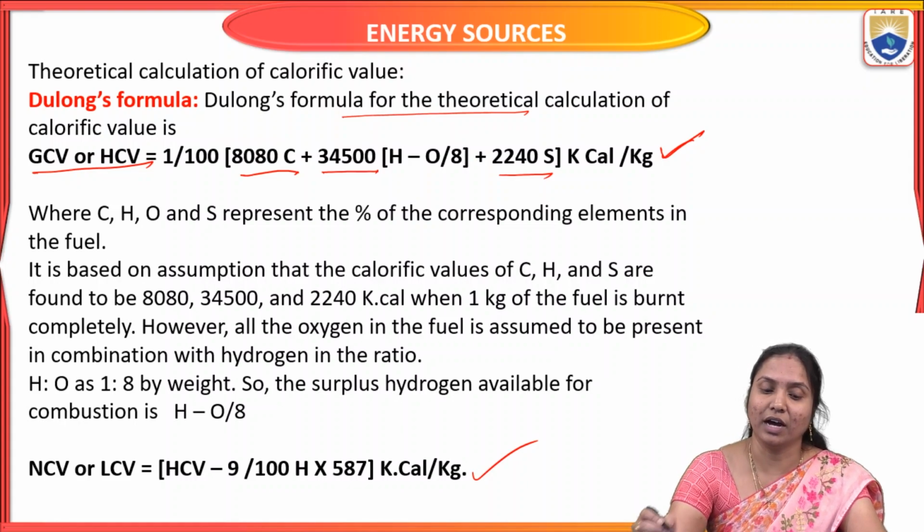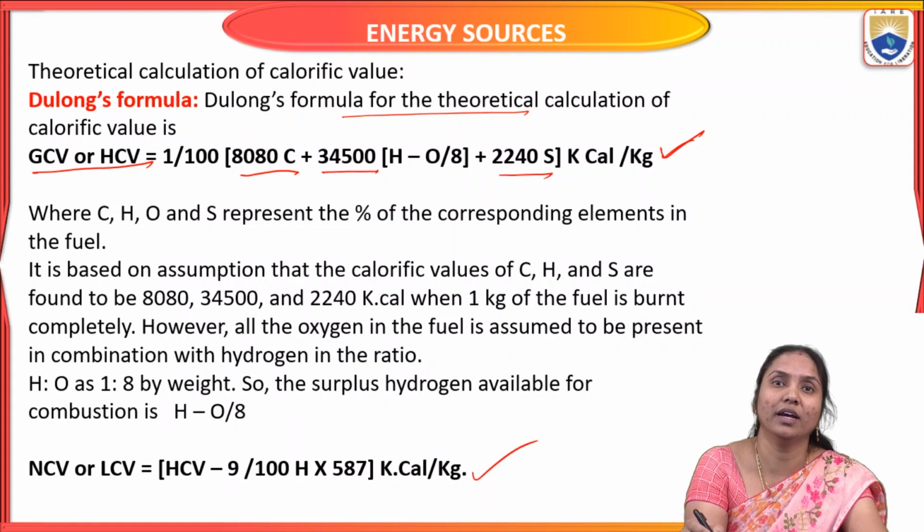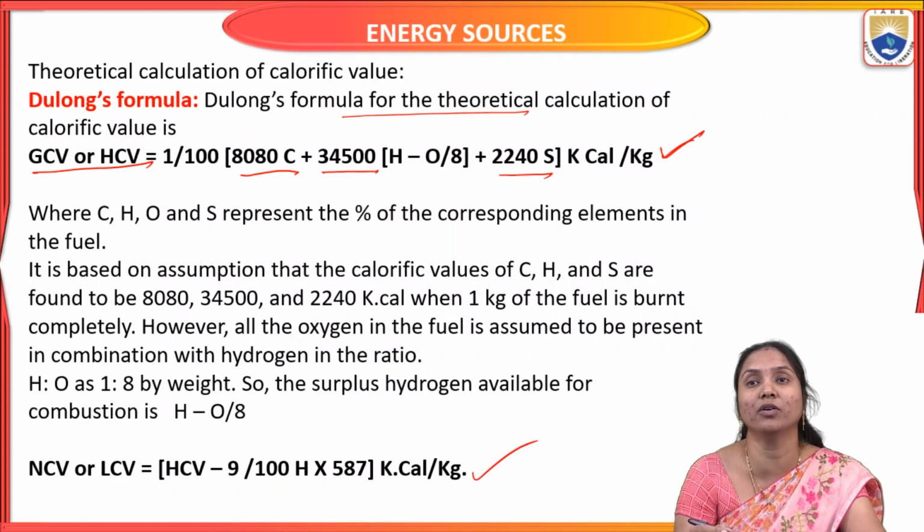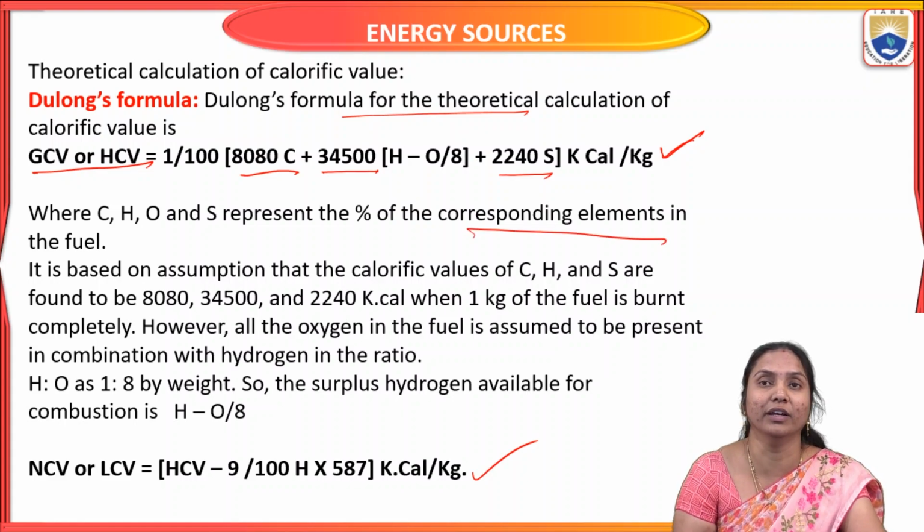In this formula, carbon, hydrogen, oxygen and sulfur represent the percentage of the corresponding elements in the fuel.